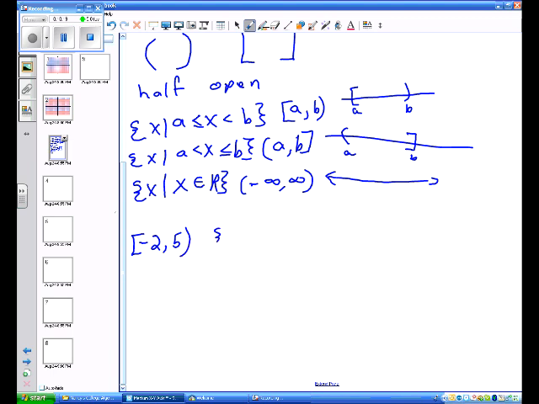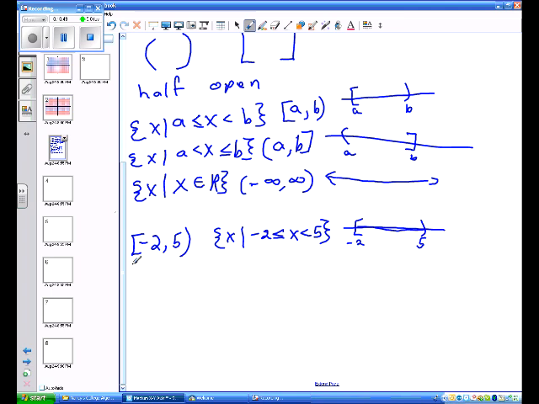So in set builder notation, this is the set of all x's such that x is between -2 and 5, and it can equal -2, but it doesn't equal 5. This would be an example of a half open. When we graph this, then we have our square brace at -2, but we have an open parenthesis at 5. And we're talking about all the values between them.